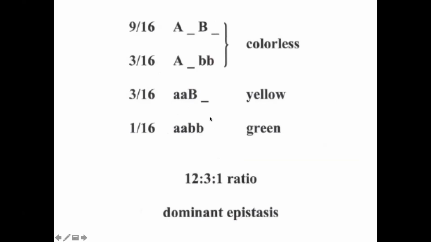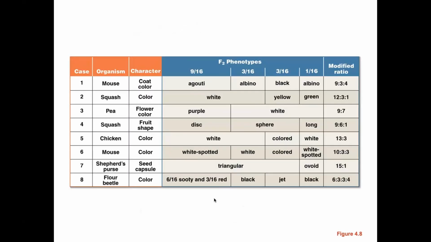So this model and this particular form of epistasis would explain a 12:3:1 phenotypic ratio. This is what we call dominant epistasis because it's a dominant allele that's acting epistatically on the second gene. In the previous example, it was homozygous recessiveness acting epistatically on the second gene. Okay, so we can go on.